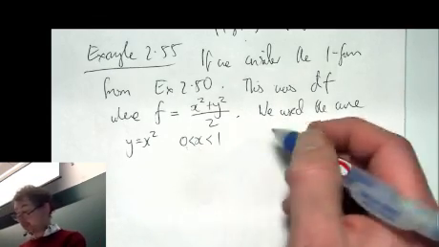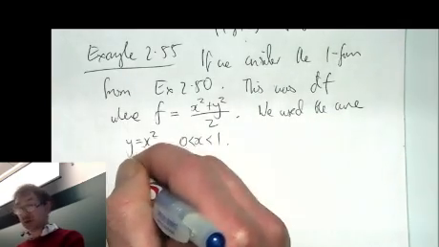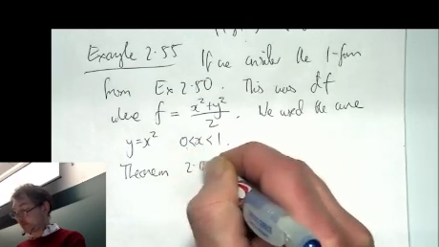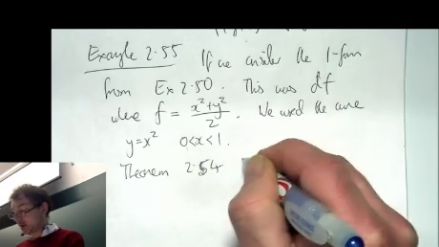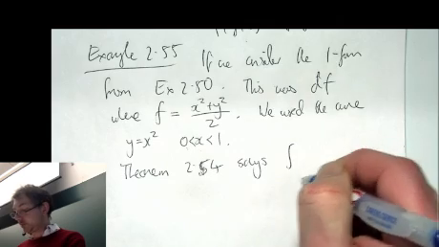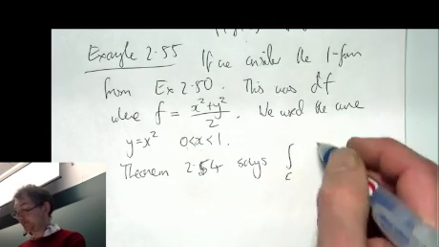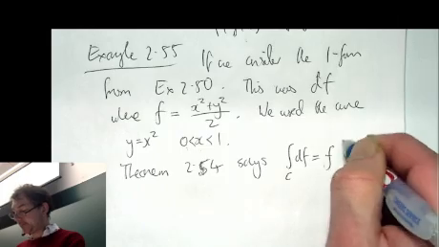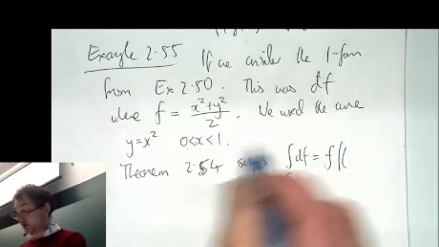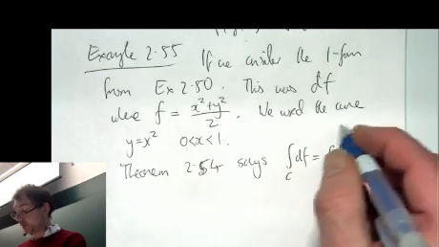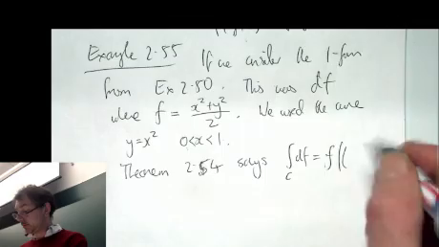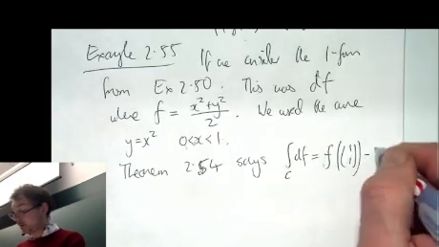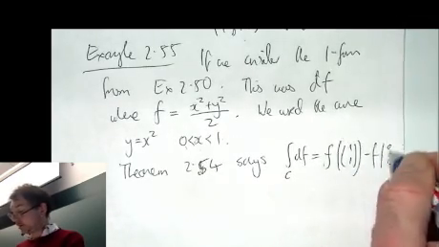So the theorem, Theorem 2.5.4, says that the integral over the curve of df is just equal to f at the point (1, 1), so if we put (1, 1) in there to get the value of f, minus f applied to (0, 0).